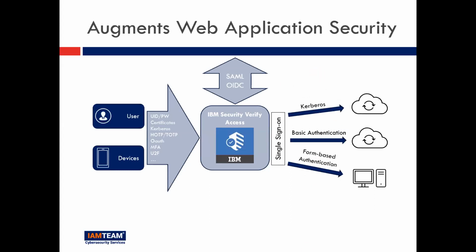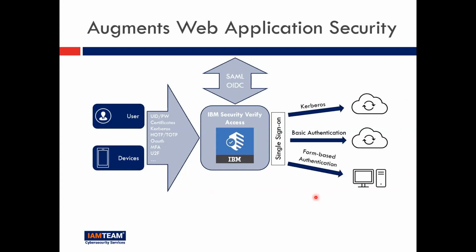Now with IBM Security Verify Access, you have the applications, these applications behind Verify Access. Let's say this application here is still taking in Kerberos, while these apps are using, say, basic authentication, user ID and password, and another one using form-based authentication.